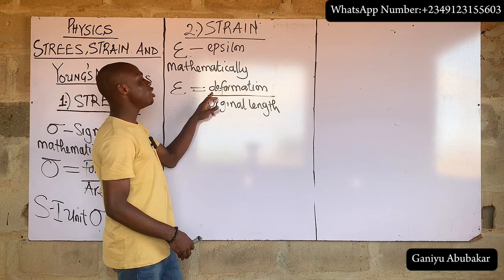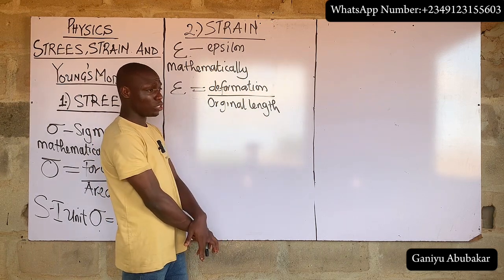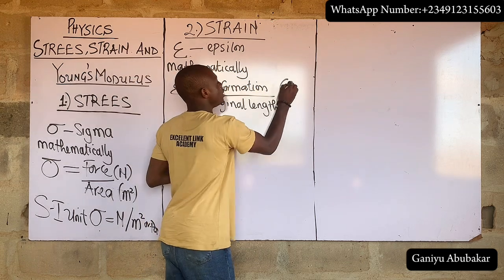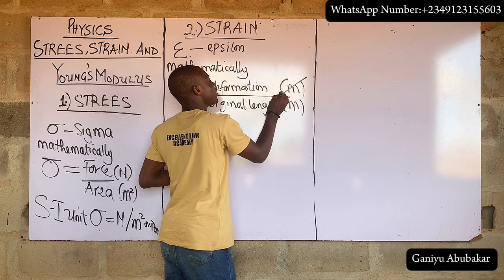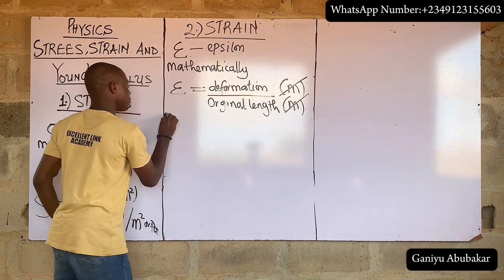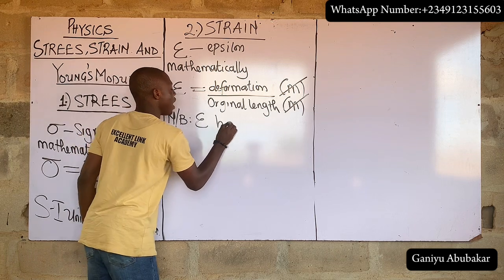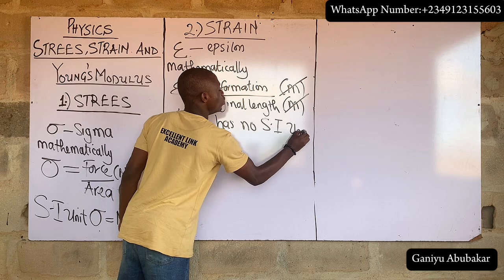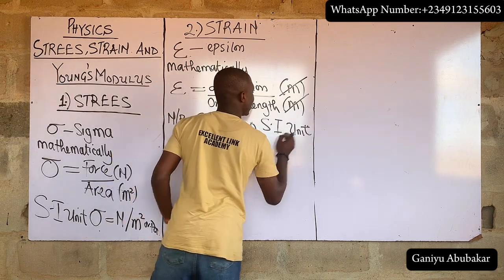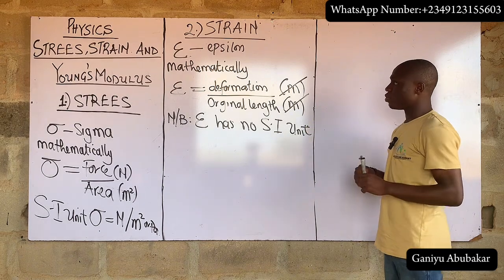Either I call it deformation or extension, anyone you want to use. Deformation is measured in meter, original length also in meter. Meter cancels meter. So note that strain has no SI unit, please. Very important.